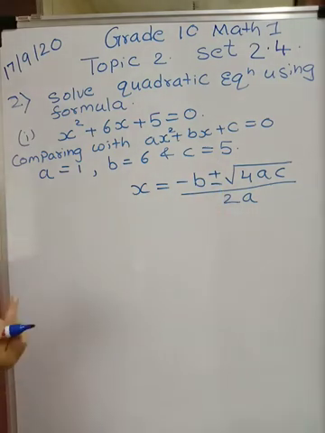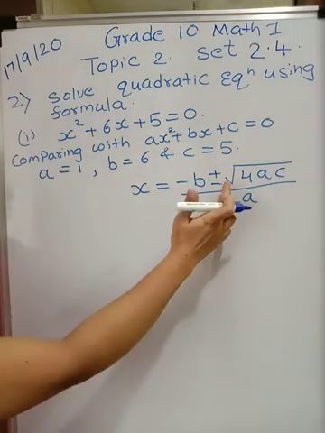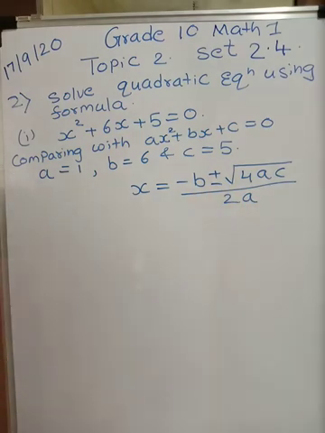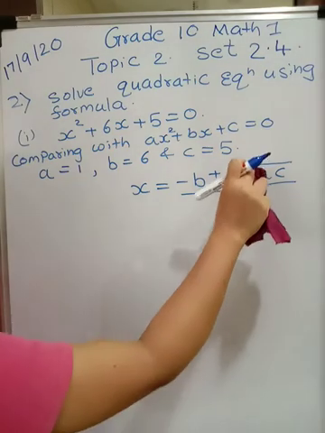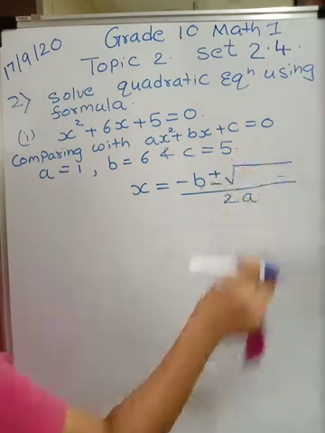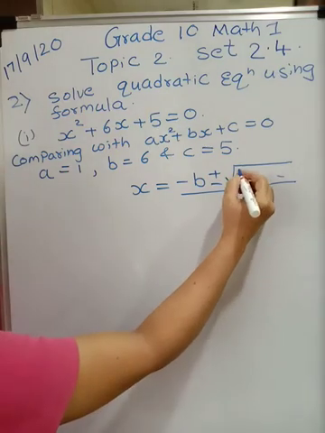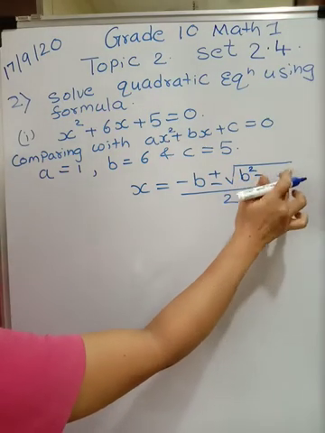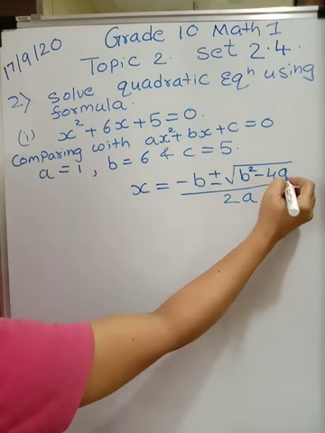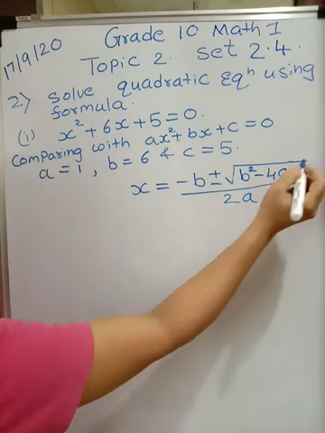Now see, first find the value under the root. In the formula we have minus b plus or minus the square root of b square minus 4ac, upon 2a.